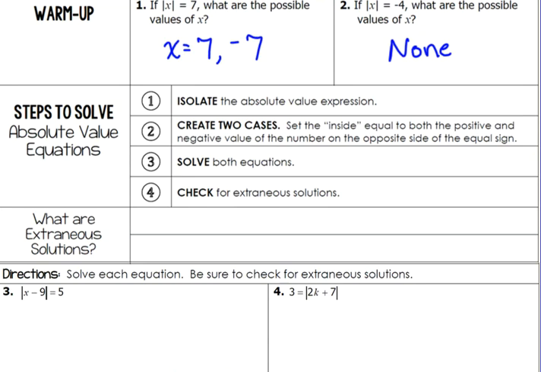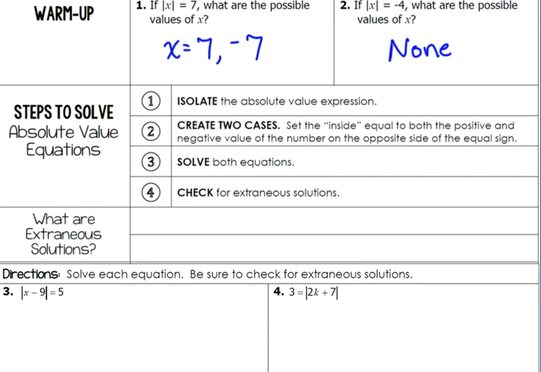Number 1, because there's no reason why we should never check our solution to an equation. You can catch a lot of careless mistakes if you take just a quick second to plug your answer back in. But the second reason why we want to check our solutions is because sometimes we can end up with what we call an extraneous solution.